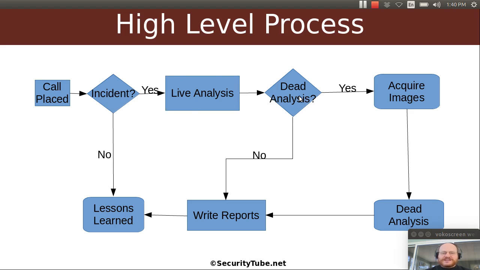And in this case, the subject system is not so critical that we want to risk leaving it up in order to determine what happened and possibly losing some evidence along the way. So we're ready to shut it down, and then we'll look at acquiring images as our next step.